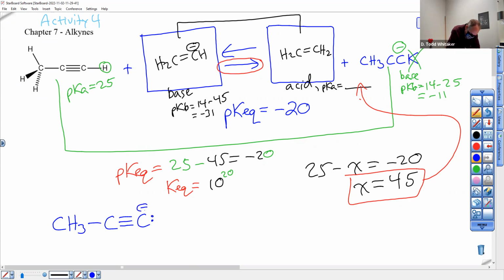Here's a little more information about it. If you had to pick Lewis base or Lewis acid, what would you pick? Oh, that's a bad question. If you had to pick, Lewis base or Lewis acid, that was a great question.